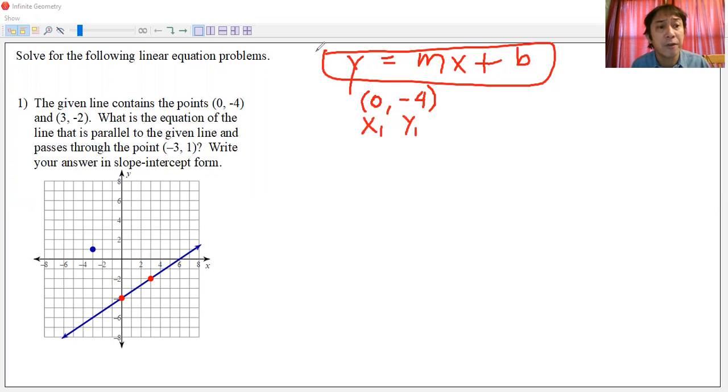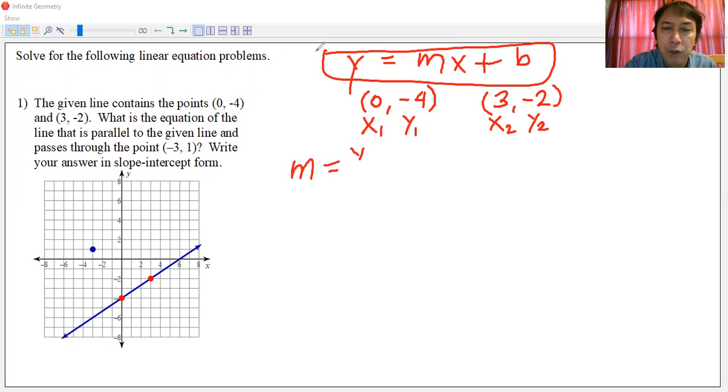Let's consider the other point (3, -2) as x2, y2. We can compute the slope because parallel lines will have the same slope. So we compute the slope first and then use (-3, 1).